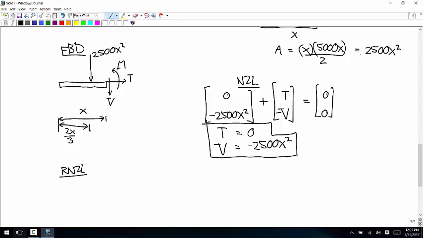Like always with these cuts, the about point is the left end point. So what's the moment arm for the 2500x squared force? Yep, 2/3 x, that's the moment arm, times 2500x squared. Is that positive or negative? In this case, it's negative, plus M minus Vx is equal to 0.